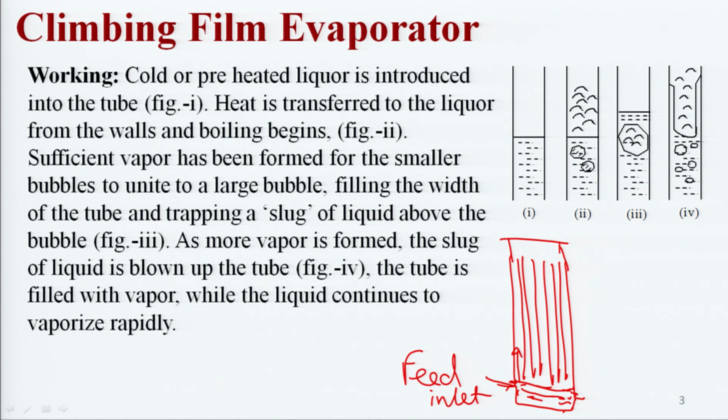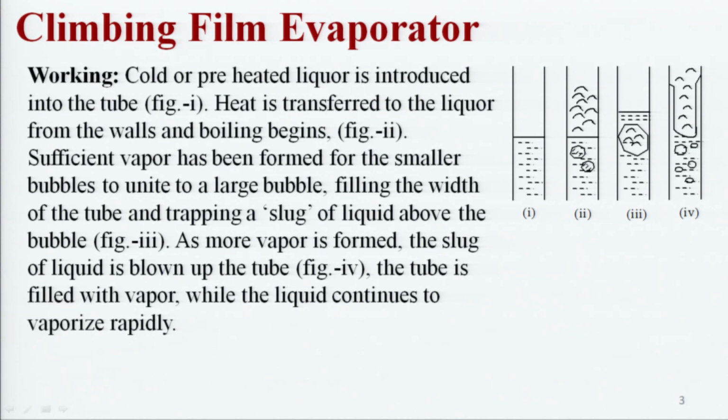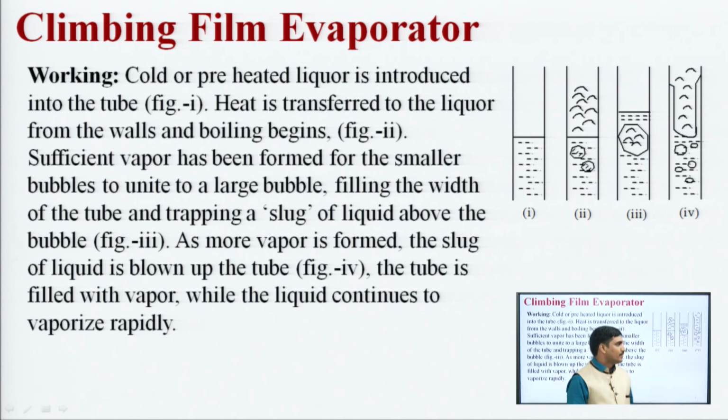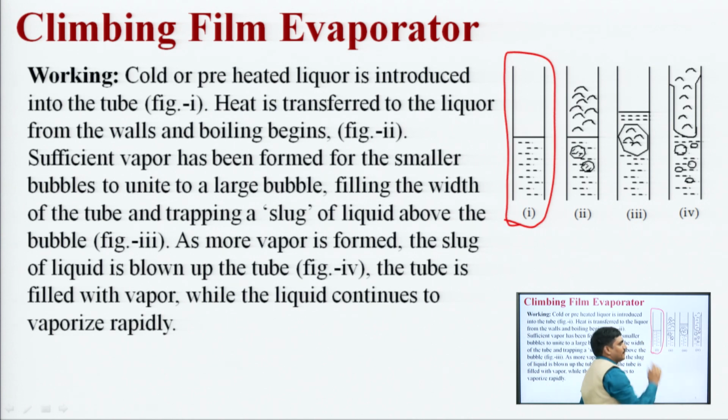So, the cold or preheated liquor is introduced into the tube. So, see this first diagram. Let us consider the diagram 1. In this diagram, what we are seeing, this is the tube of this film evaporator. In this tube, this cold or preheated liquor is introduced.